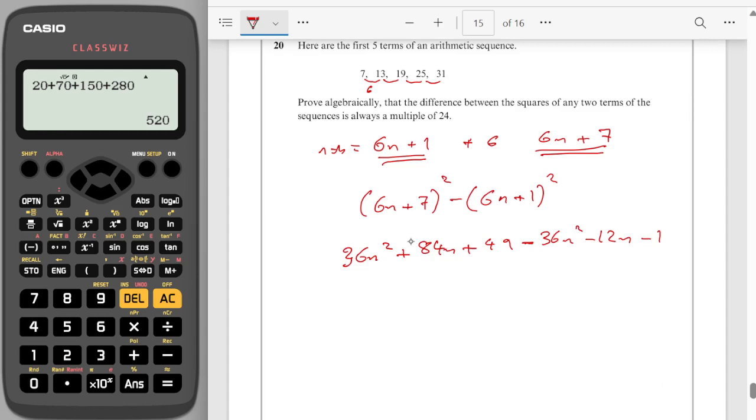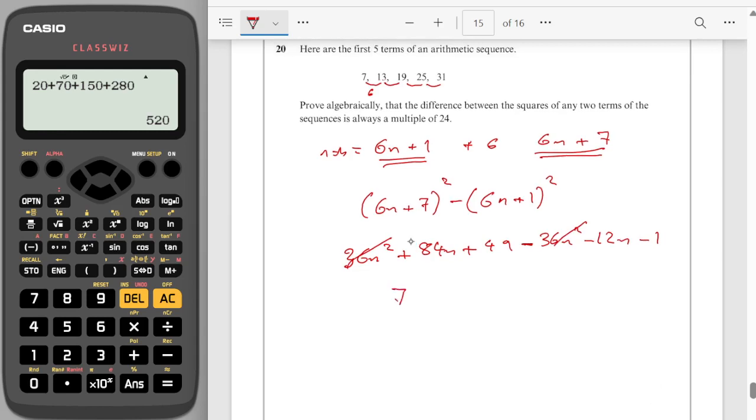So that's going to give me, those would cancel, so 84 minus 12 is going to be 72n, and then 49 minus 1 is going to be plus 48.